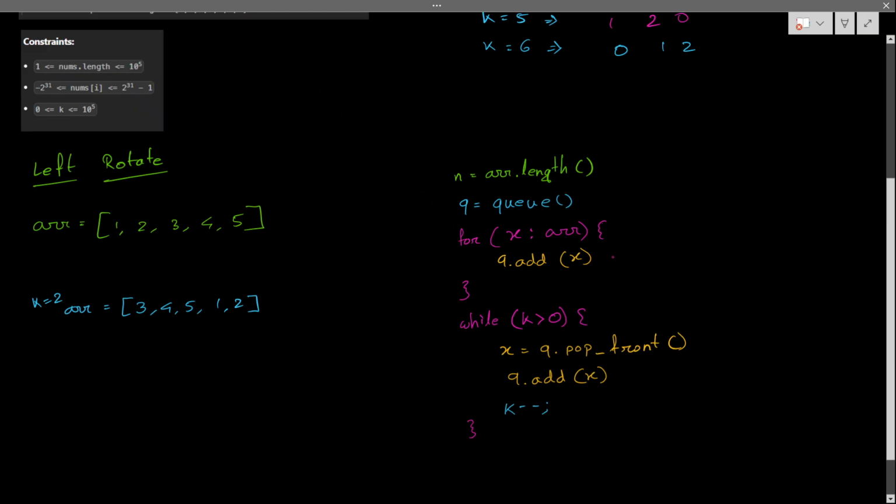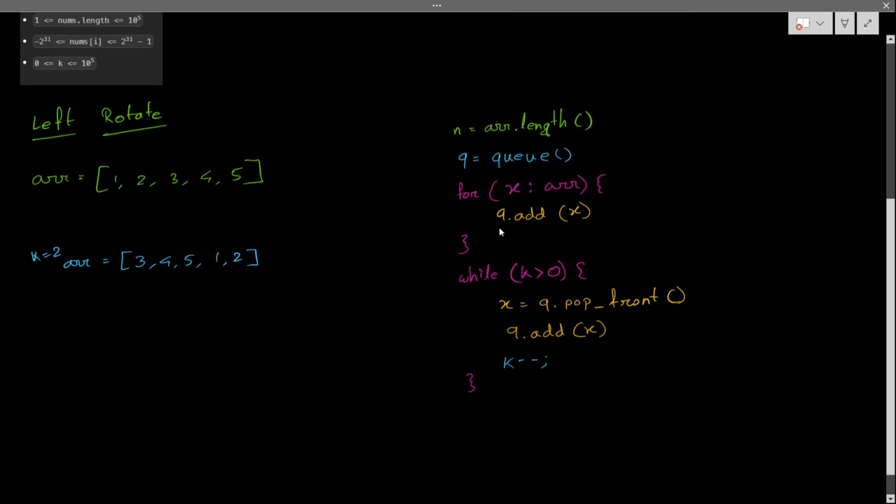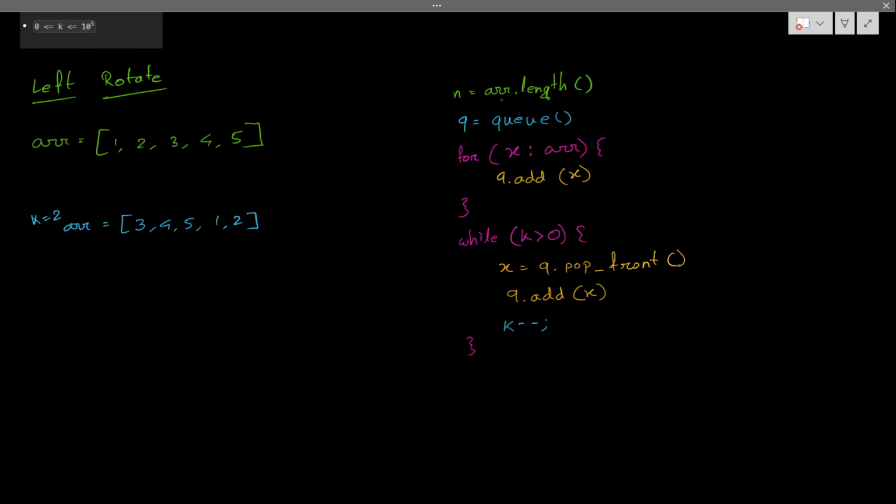And now I have to convert this q into my actual array. So I can initialize i equals 0, and I know n elements are there, so I can write another for loop with i equals 0, i less than n, i plus plus.